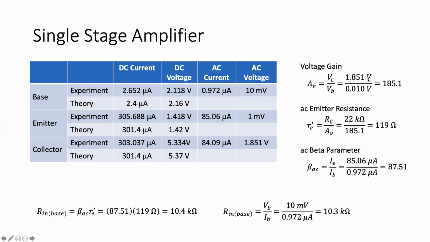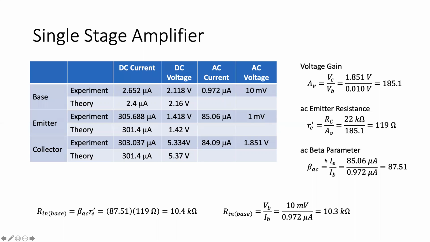So 1.851 volts divided by 0.01 volts, that's 185 na. What about the AC emitter resistance? So the AC emitter resistance is something that you can compute from the collector resistance, which is 22 kilo ohm, at saka dun sa gain. So ang AC emitter resistance is 119 ohms.